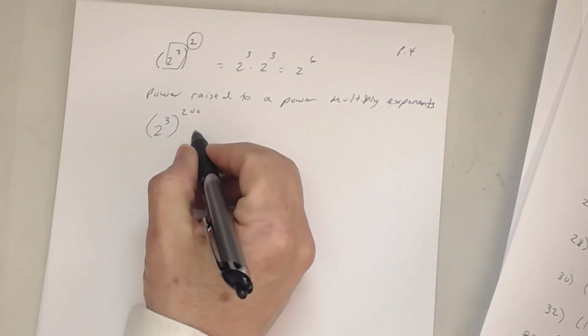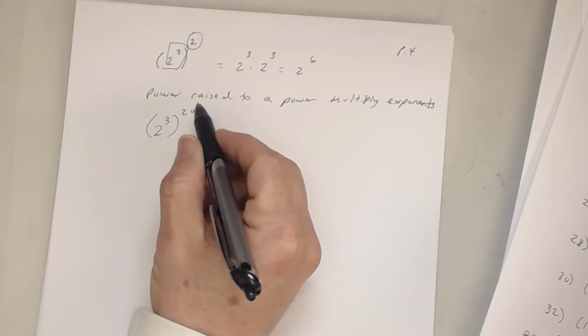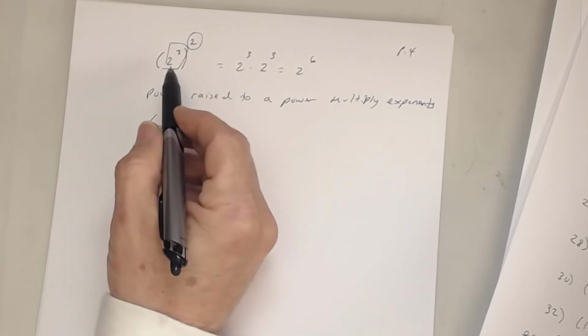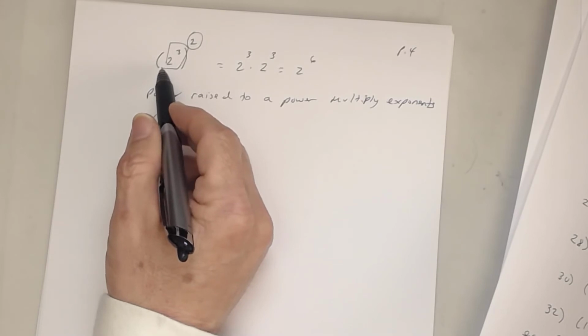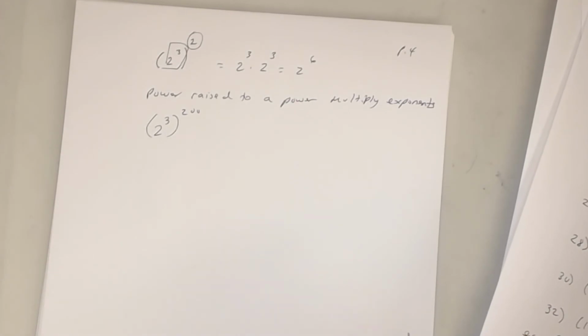I use a nice number with the 2 cubed, right? We're going to have variables in a little while. So if that was z cubed squared, what's the answer?